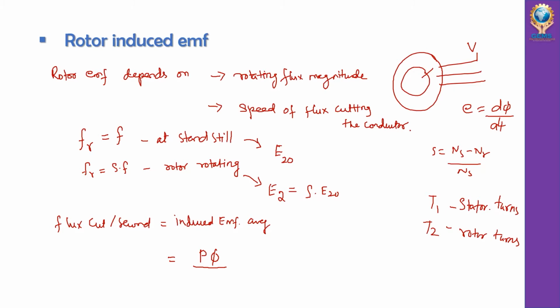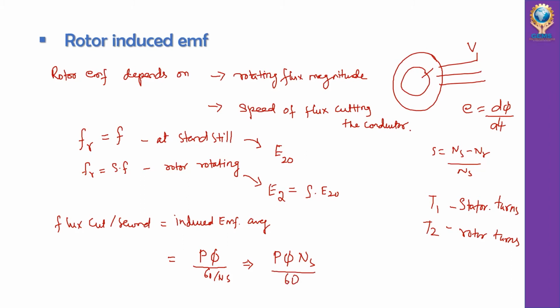If you convert to minutes it is 60 divided by ns, so per second we get P phi ns divided by 60.